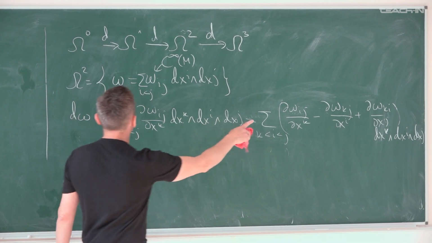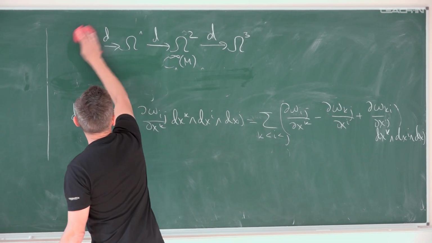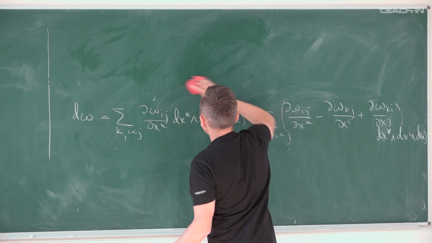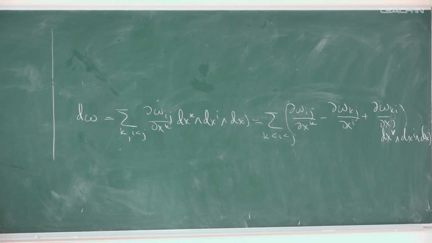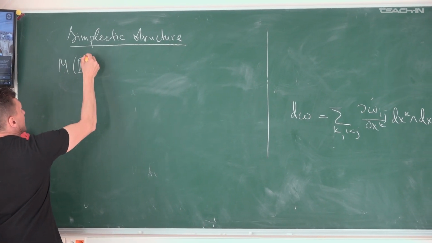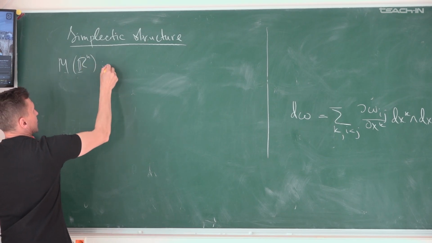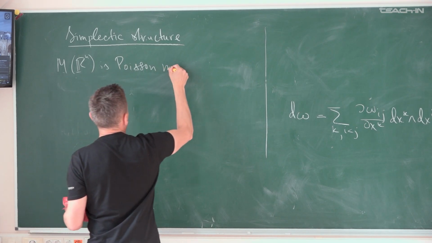We will need only this formula of the differentiation of a two form. So let R n be a Poisson manifold.